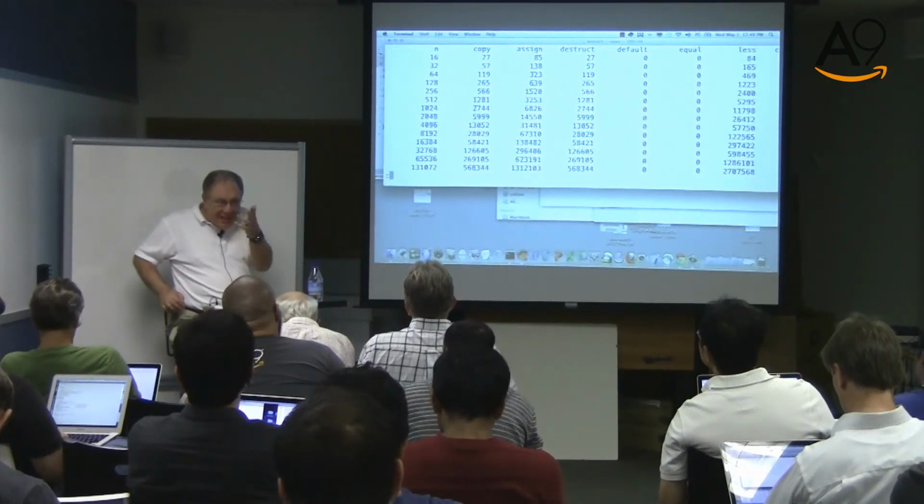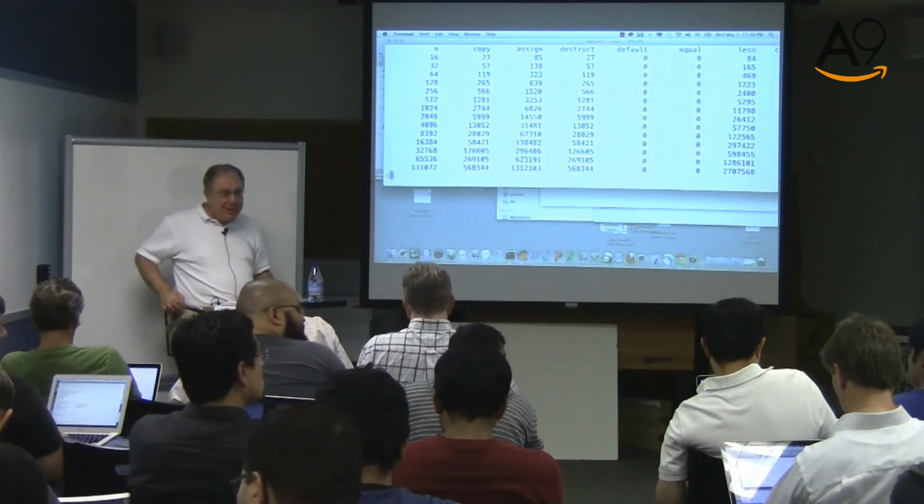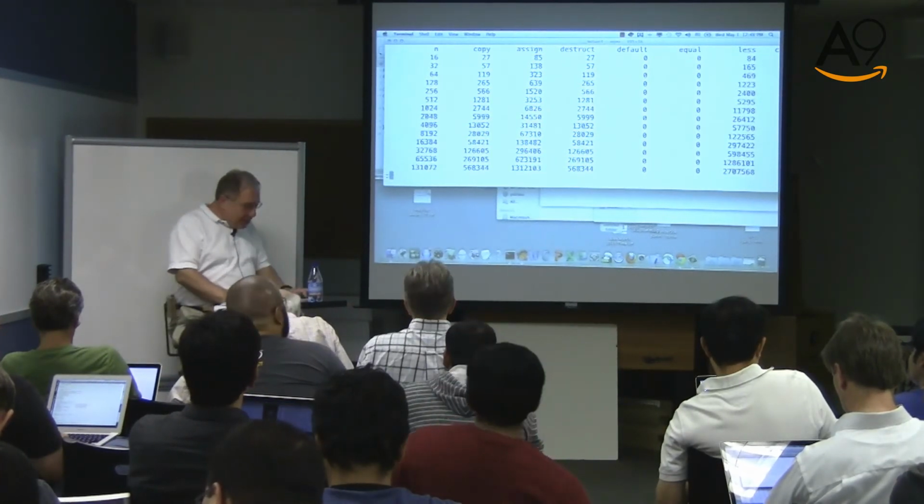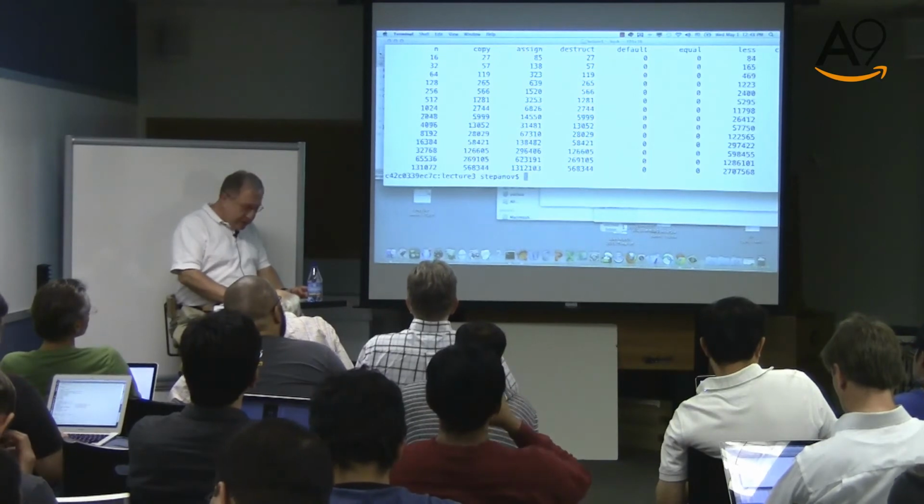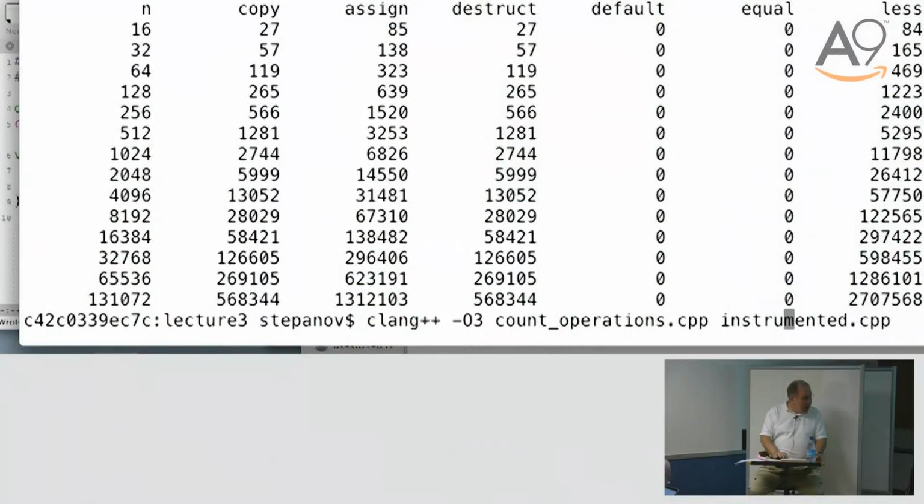Which standard library am I using? Whatever comes from Clang. It doesn't matter. They're all the same. As far as I know, I'm not using any standard library. Okay, let me demonstrate. Let me just recompile that. I cannot change to Linux simply, but for this, I could do gladly.